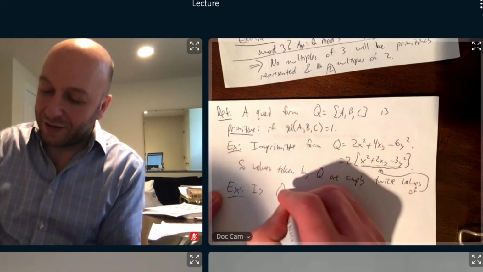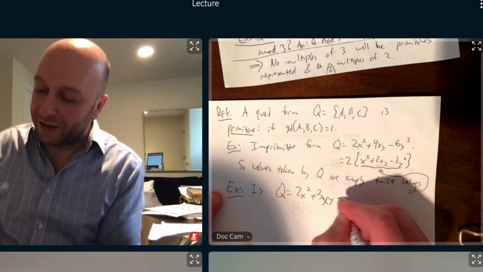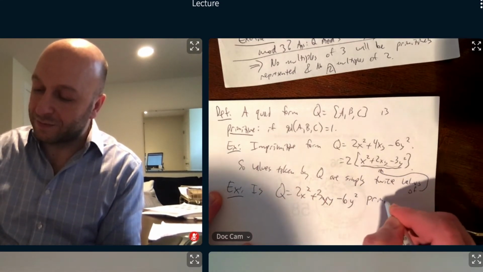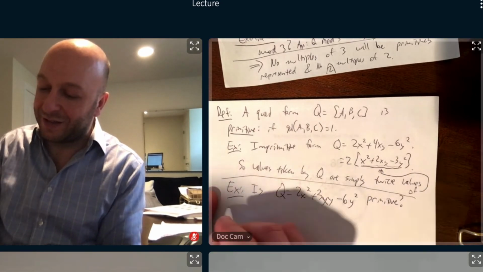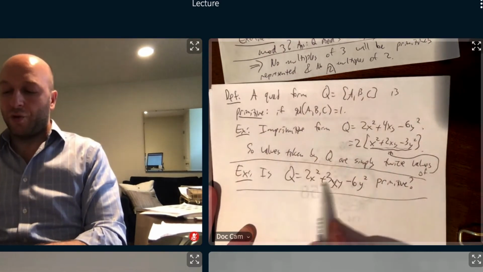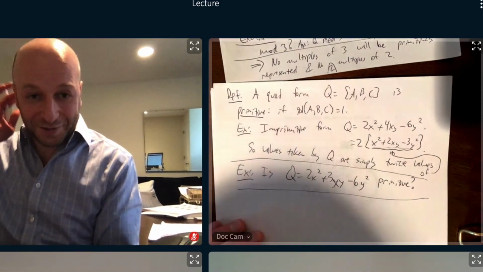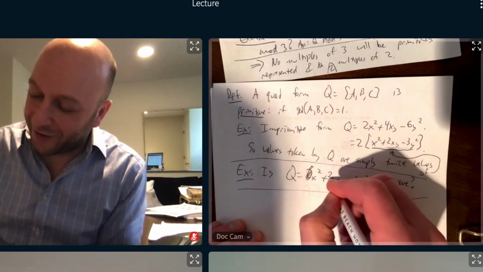Is 2x squared plus 3xy minus 6y squared primitive? Dipendro asked about pairwise primitive. So no, oh, sorry. Hang on. I got this wrong. 2 times 3 is 6. 2 times 5 is 10.